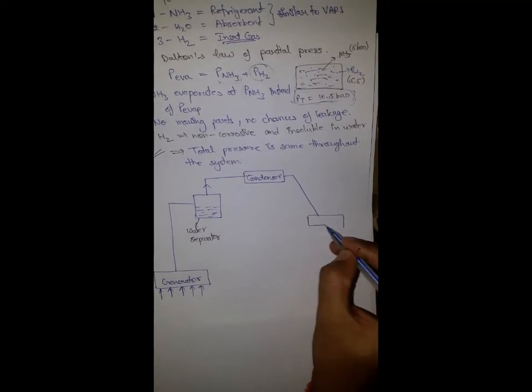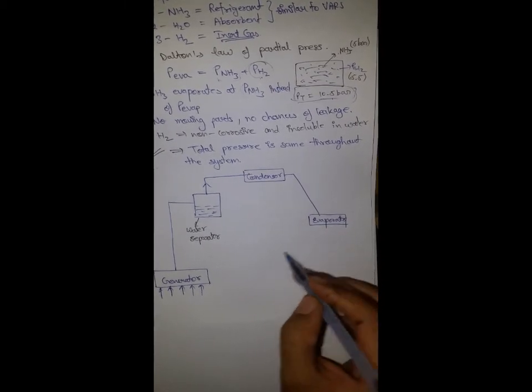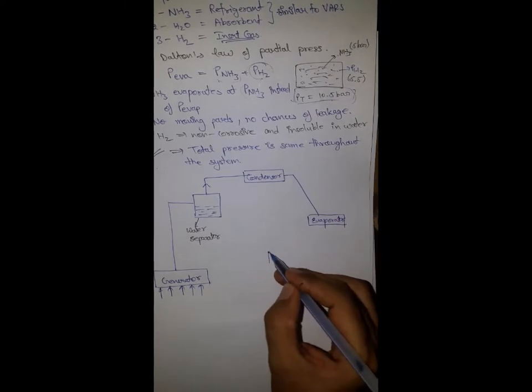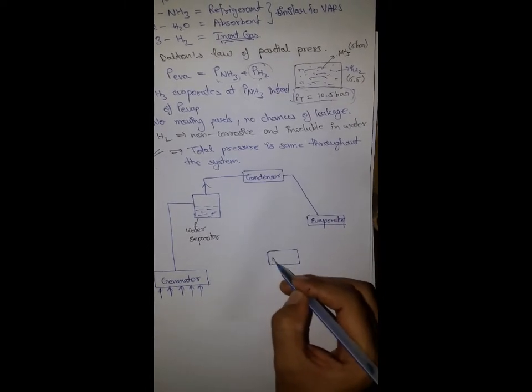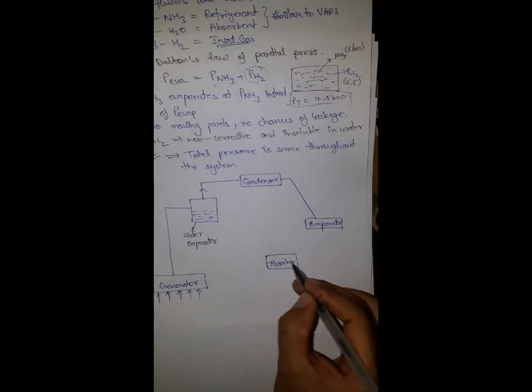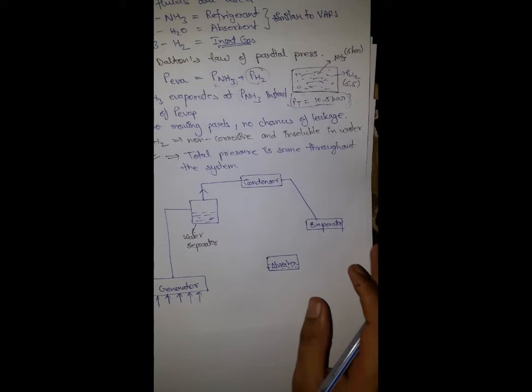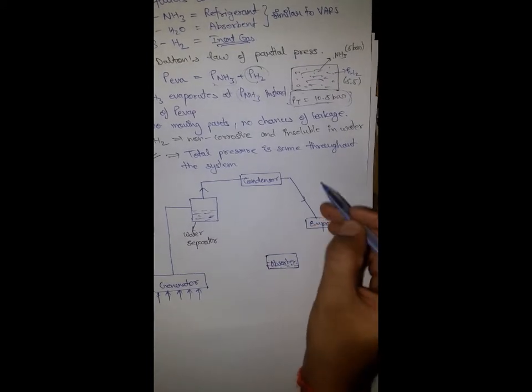Here we are having the evaporator, and let us say here the absorber is located. This is the absorber, and we all know that the absorber would be containing the solution, so I am marking it by this black dash.